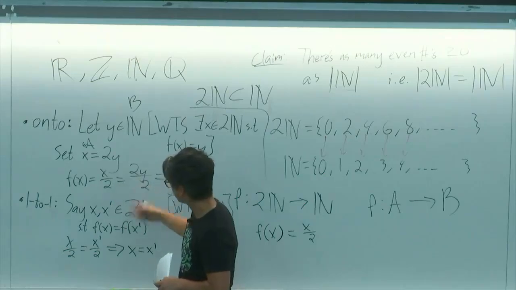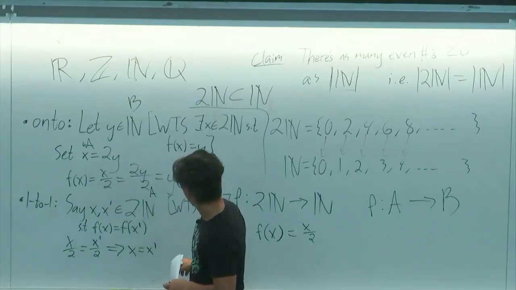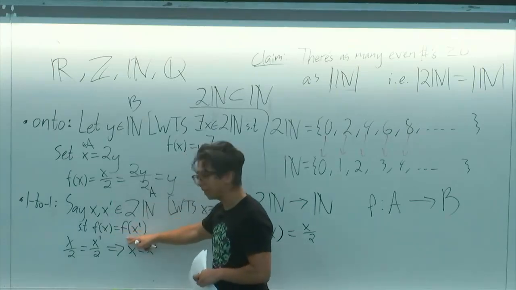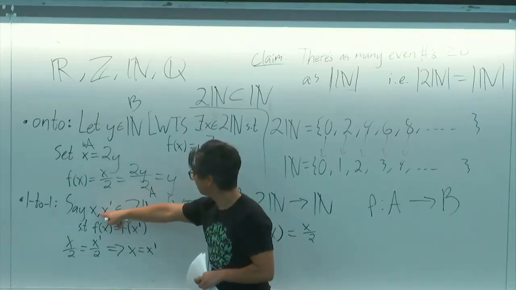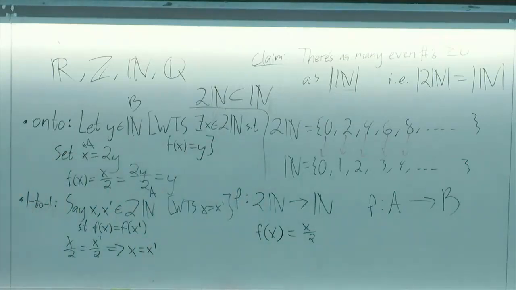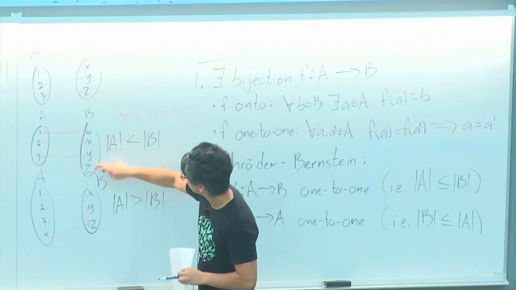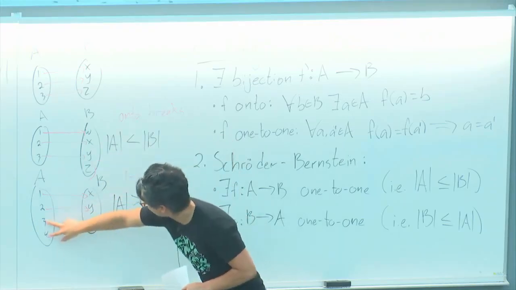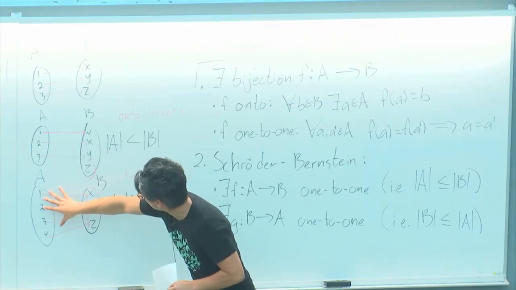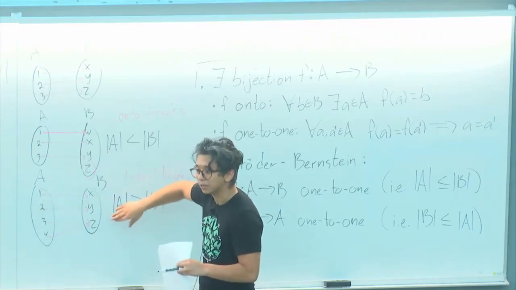And one-to-one always says, take two things in A and show that if they map to the same thing in B, they were actually not two different things. What it gives us is this: we want to rule out these two cases. We don't want there to be anything left over, and we don't want A to be so big that it can't get onto B without crunching itself into it, right?